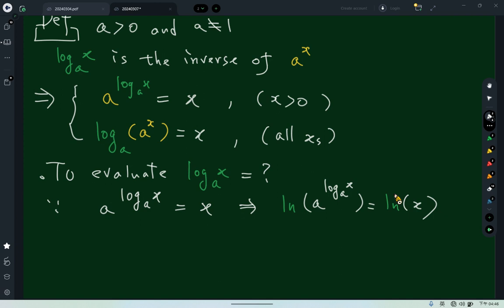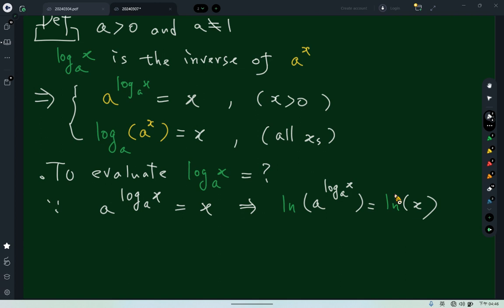So on both sides, we take the value of the ln function, and we still keep the equality, right? Then we can follow the ln function rule. We can move the power down to the coefficient.